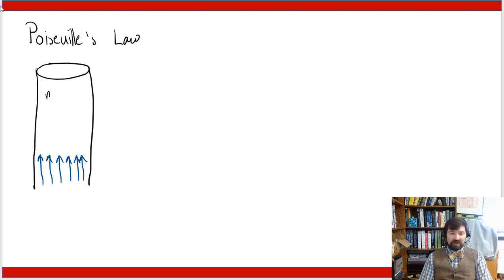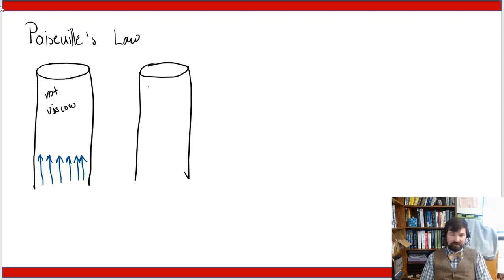So this is not viscous. But if you have a tube, same properties, but now a viscous fluid flowing through it, then essentially the farther away from the walls, the faster the fluid should flow. So you end up with a velocity profile that maybe looks more like this.